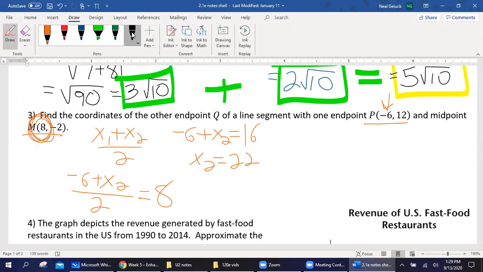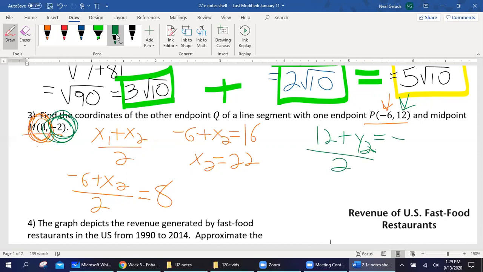Now I have to do the same thing with the y's. I know one of the endpoints, 12. I don't know the other y. I'll just call it y2. But I do know that dividing that by 2 should give me -2.